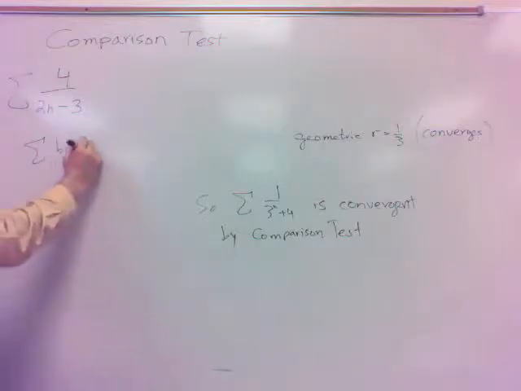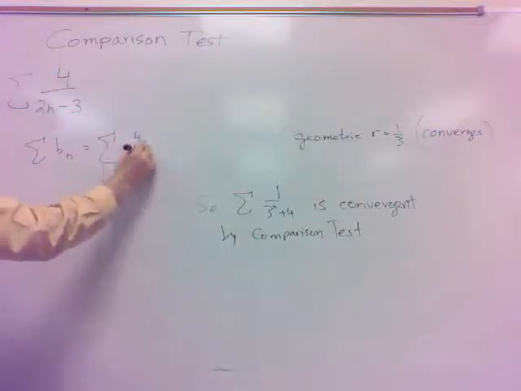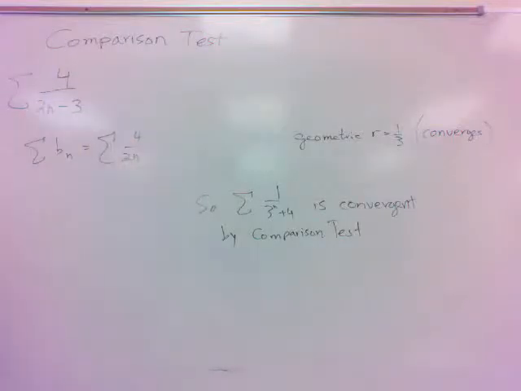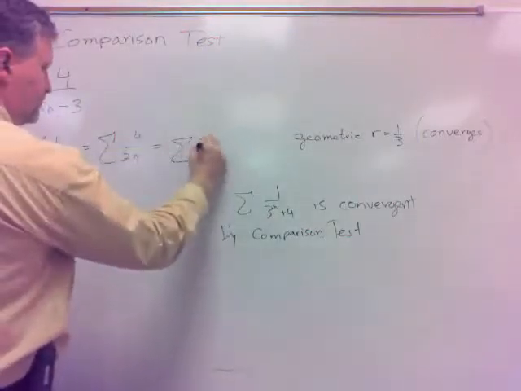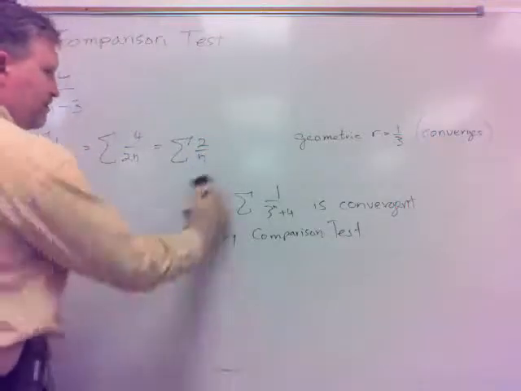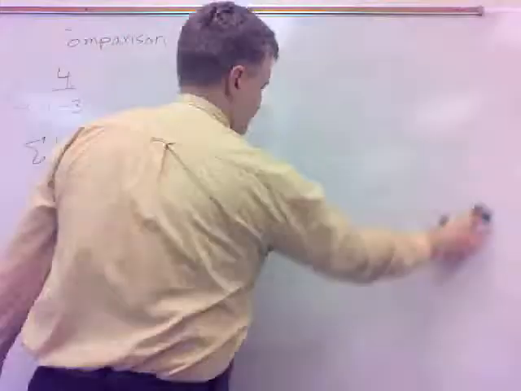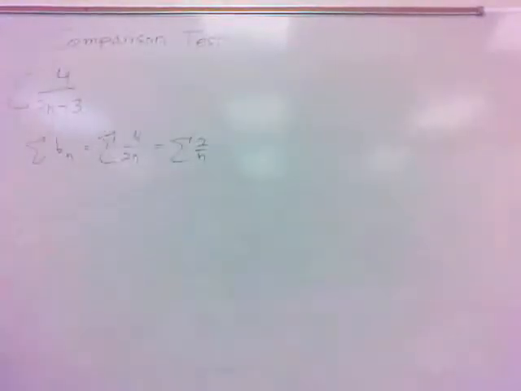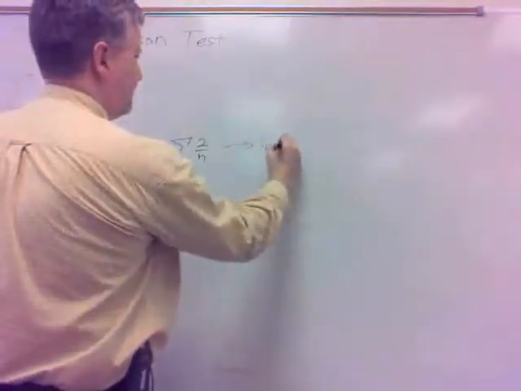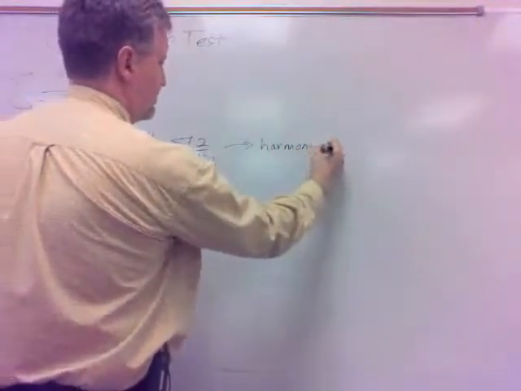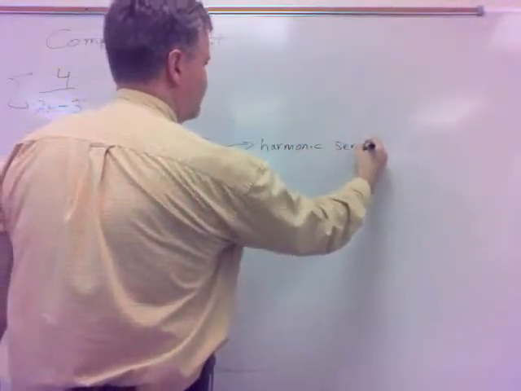My B sub n series would be 4 over 2n, leading parts, which is 2 over n. What do you know about that series? A couple ways you could look at that series. It's a P series, P is 1, or call it a harmonic series. Usually if it's a harmonic series, they say it's a harmonic series. So that's divergent.